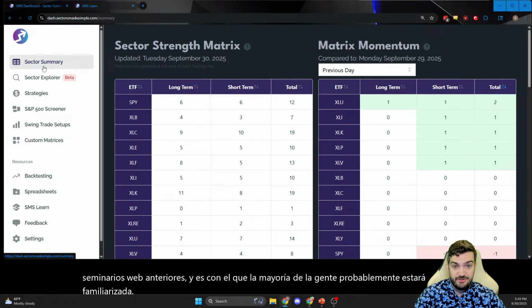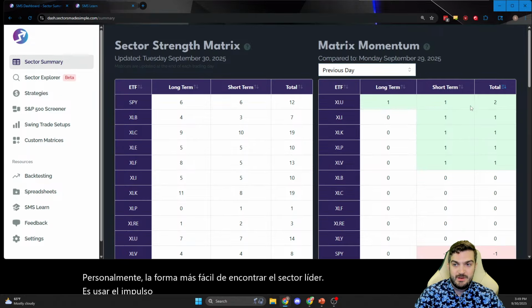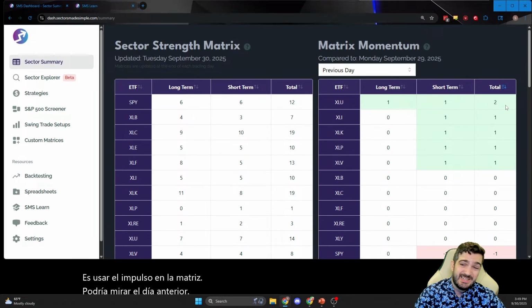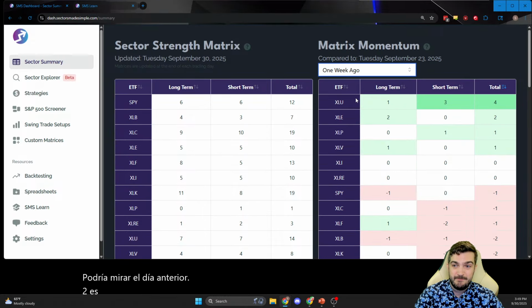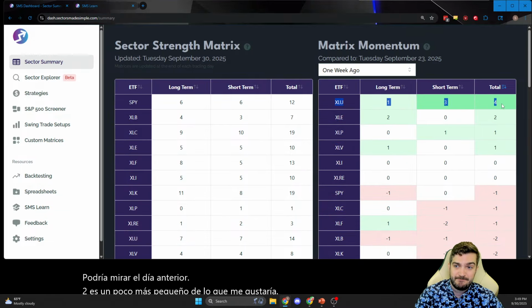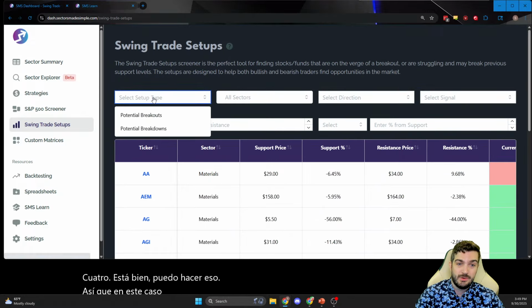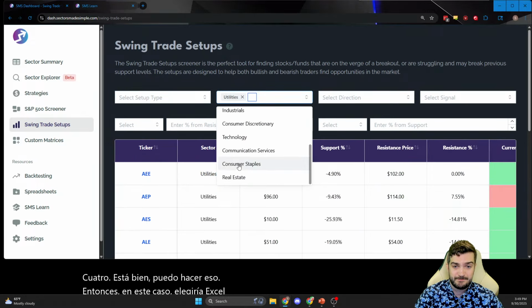Personally, the easiest way to find the leading sector is to use the momentum on the matrix. I might look at previous day. 2 is a little bit smaller than I might like. 4, okay, I can do that. So in this case, I would pick XLU or the utilities sector.